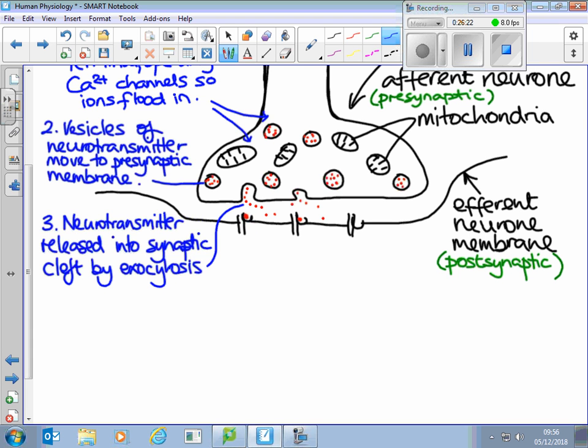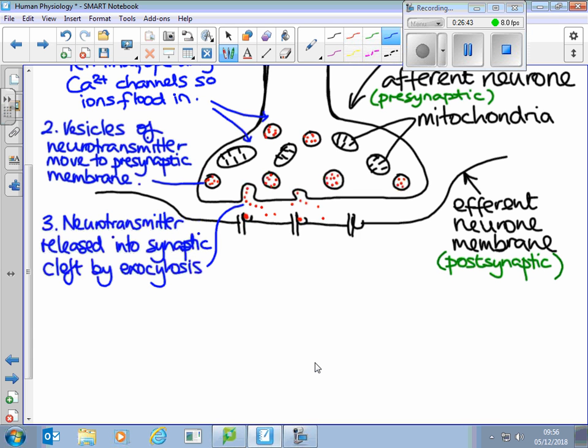If you run out of space, just put numbers and then write the labels separately and refer to the handout as well. They diffuse, and that would be simple diffusion really, I suppose, very, very rapidly across that cleft because it's only tiny. You know, we are talking at the micrometer scale here.